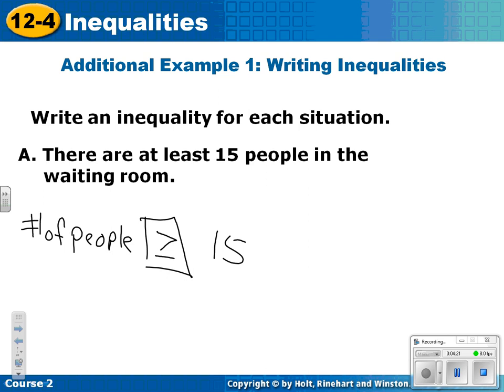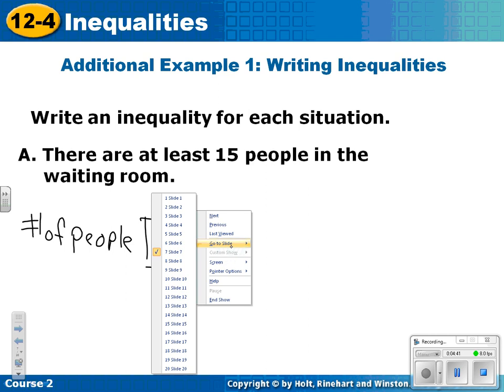Again, I told you, this is kind of simple, but you have to really slow down and think about it. Because you go, there are at least 15. Does that mean there could be 16? Yeah. Does that mean there could be 17? Yeah. It means that that number has to be more than 15. It could be exactly 15. So on your whiteboards, I want you to try the next one.